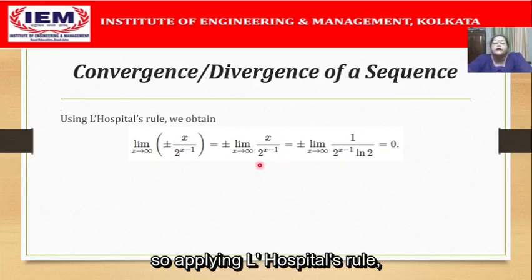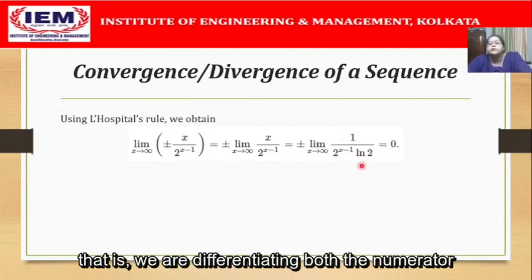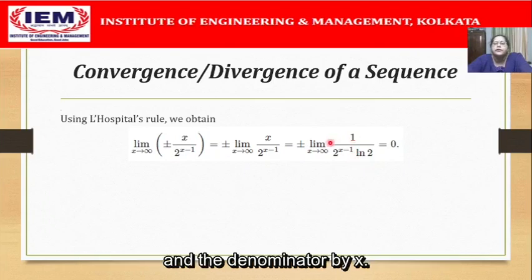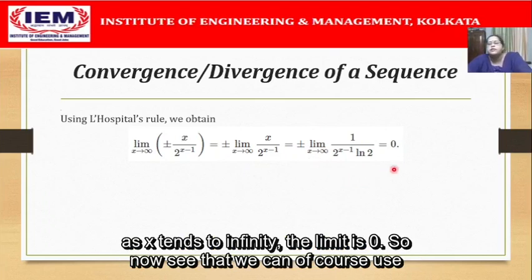So applying L'Hospital's rule, what we get is ± the limit as x tends to infinity of 1/(2^(x-1) log 2). That is, we are differentiating both the numerator and the denominator with respect to x. And obviously now as we take the limit as x tends to infinity, the limit is 0.